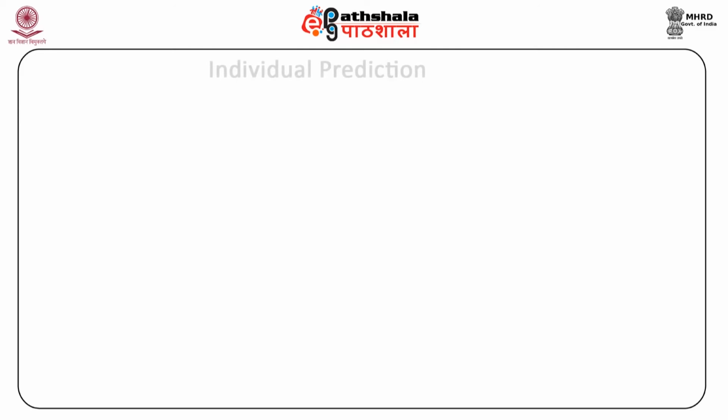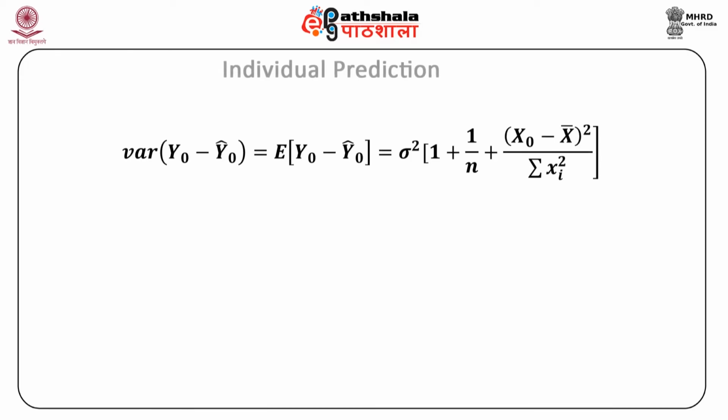Individual prediction. If our interest lies in predicting an individual y value, y0, corresponding to a given x value, say x0, then a best linear unbiased estimator of y0 is also given as in the first equation under this topic, but its variance is as follows: variance of y0 minus y0 hat is equal to the expected value of (y0 minus y0 hat) square, and on simplification this comes out to be sigma square into 1 plus 1 by n plus (x0 minus x bar) square divided by sigma xi square.